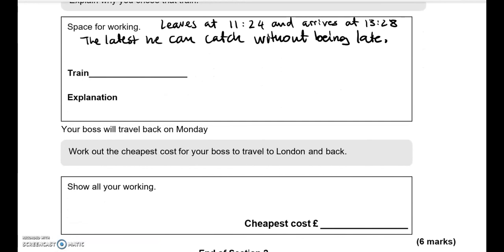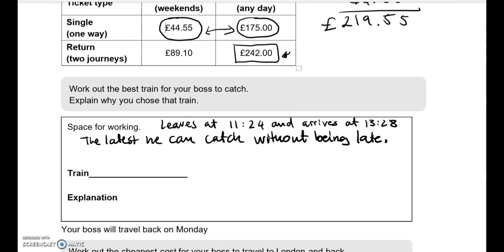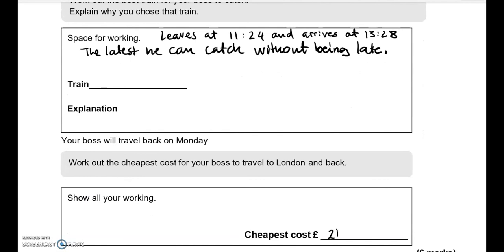We've shown the cost and the working out here, but we'll need to add 219 and 55. This is the end of the paper, so it's always worth having a look at your answers and checking them.